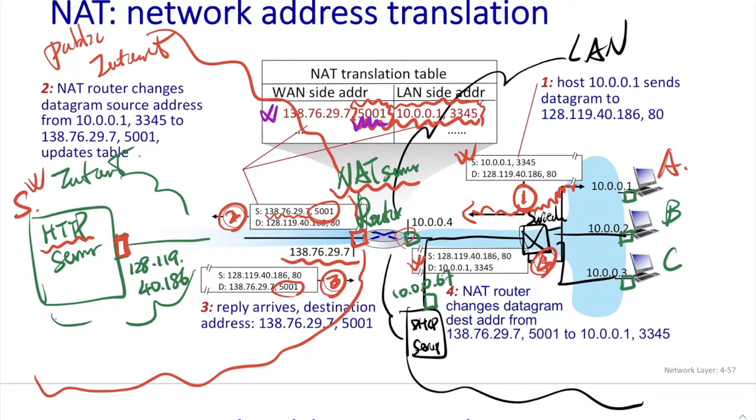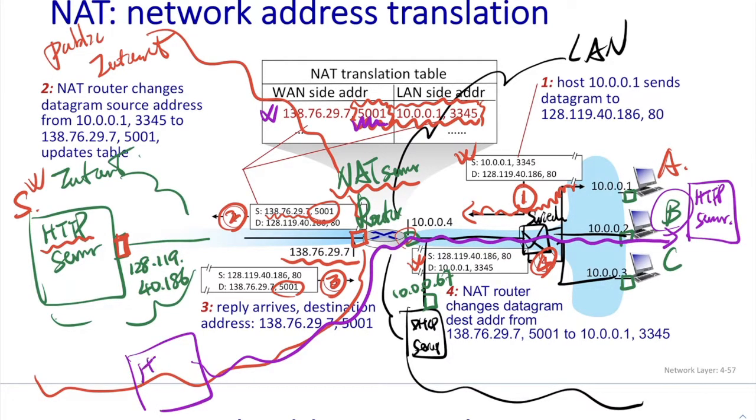Think about one thing. If you have an HTTP server in your private network, it is impossible for people in the public internet to access this private HTTP server. For example, you would like to do such kind of communication, the purple one.